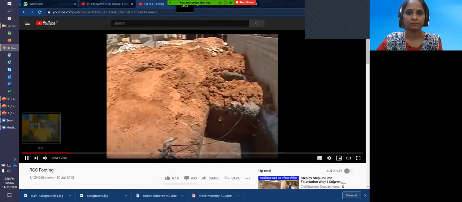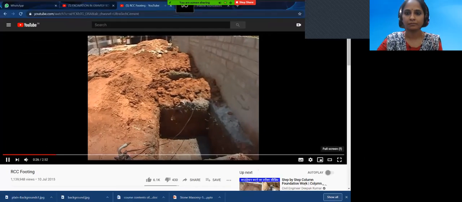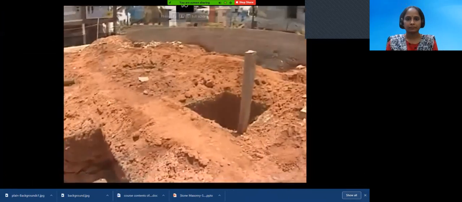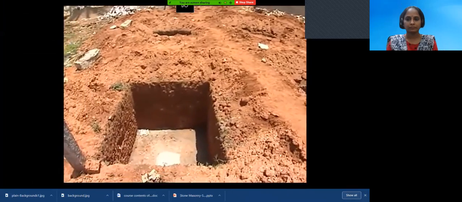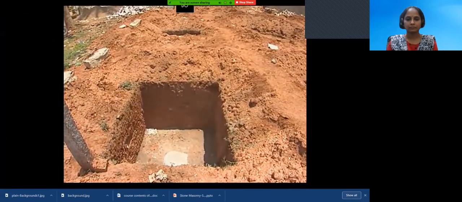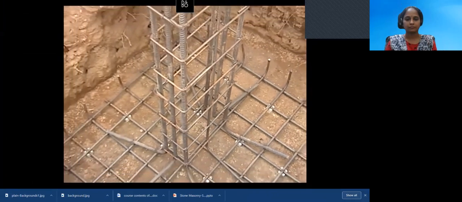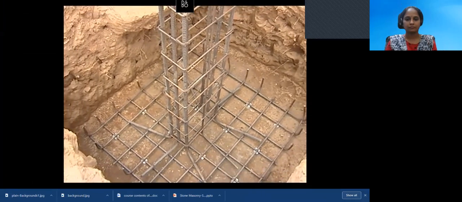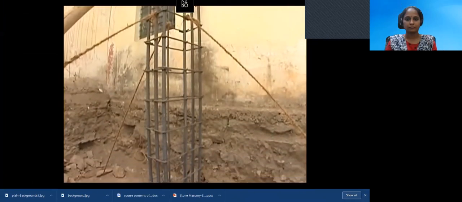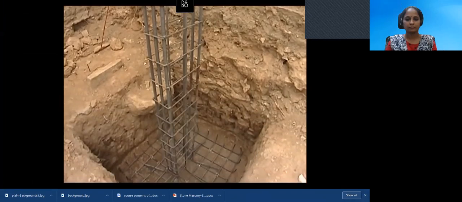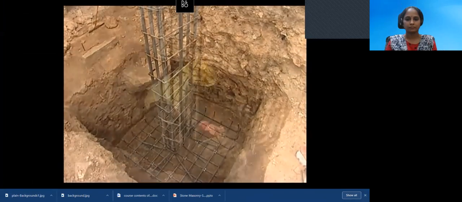Before constructing the footing, ram the base of the footing trench adequately. A concrete bed of 150 mm thick in 1:4:8 mix is laid over the rammed earthen base. This bed provides a leveled surface for the footing. The reinforcement cage is lowered onto the concrete bed and vertical bars of the column are placed in correct position and tied to the footing reinforcement mat.